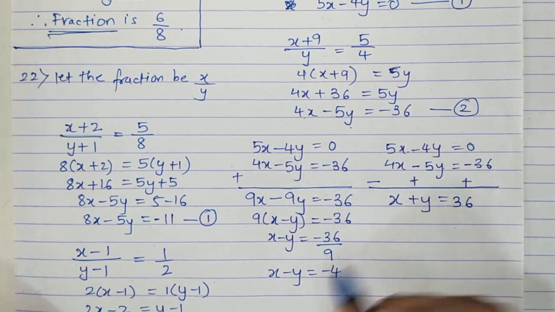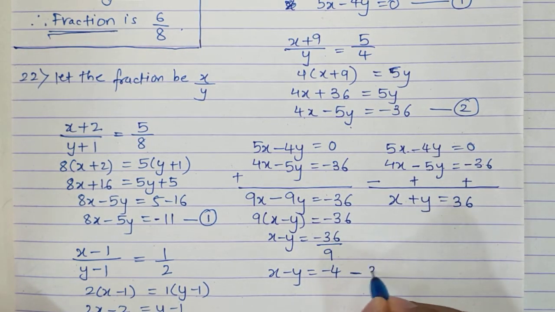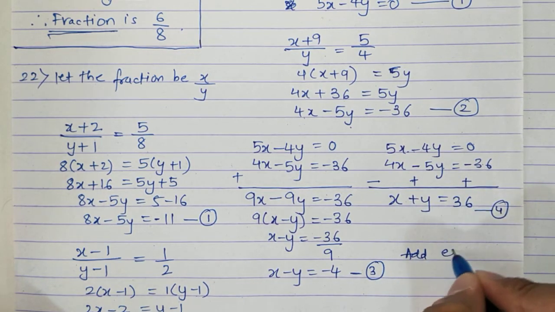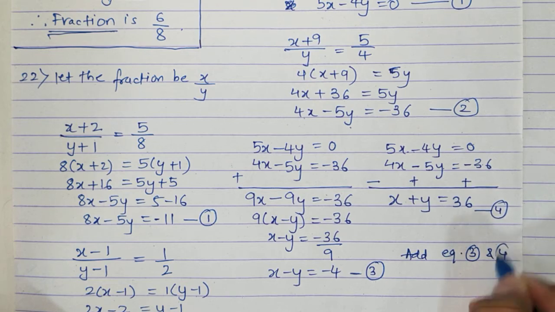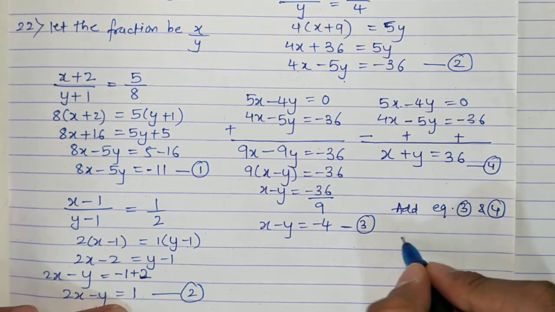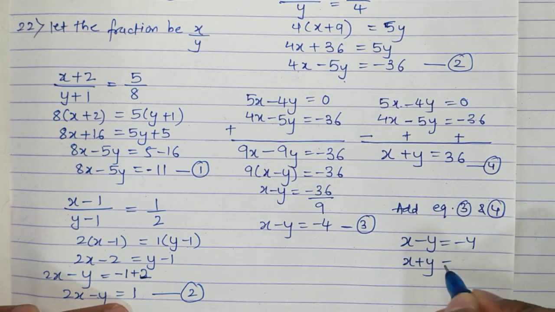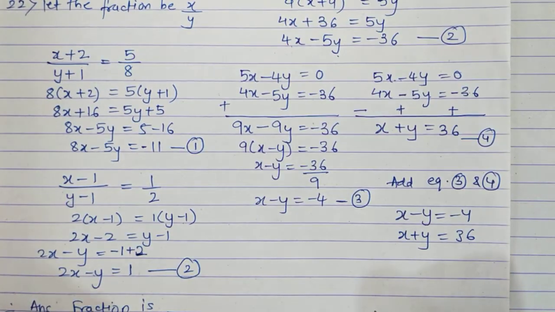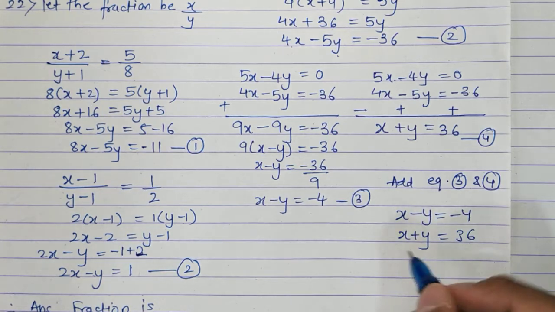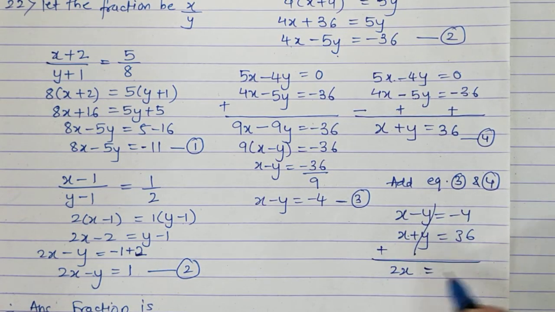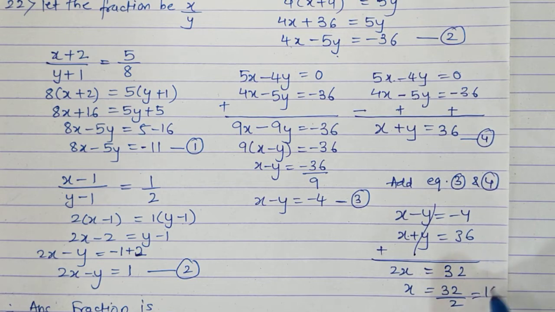Okay, now we have both the equations. Let's name them 3 and 4, and now add equation 3 and 4. Okay, so add both the equations. x minus y equals minus 4 and x plus y equals 36. Add x plus x, 2x, minus y plus y cancel, minus 4 plus 36 will give you 32. So x is 32 upon 2, that is 16.